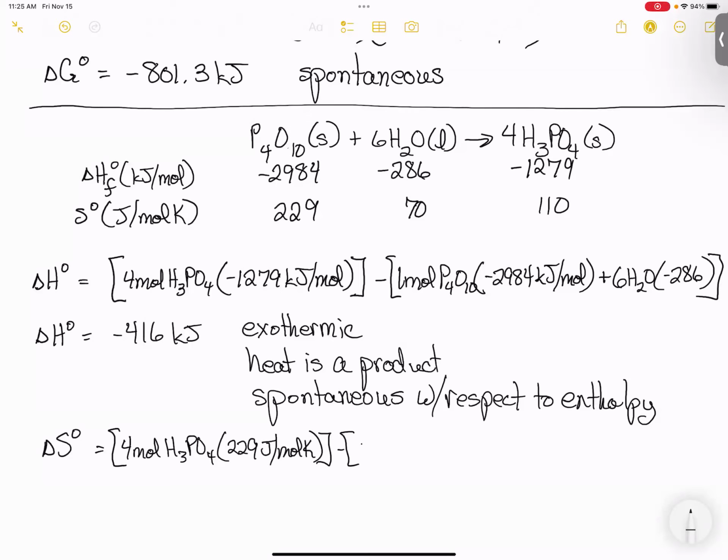I'm sorry, it should be 110. Minus the reactants, which is 1 mole of P4O10 times 229 joules per mole Kelvin, plus 6 waters times 70 joules per mole Kelvin.